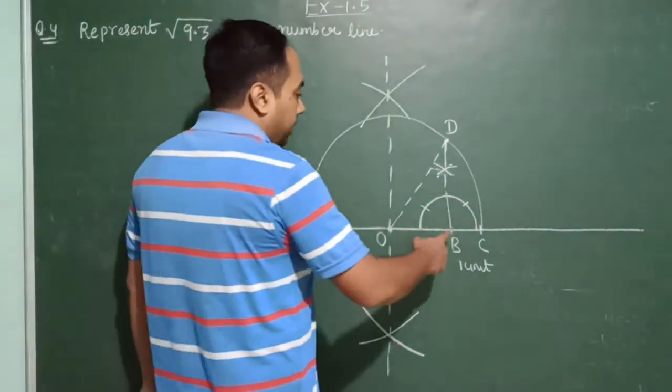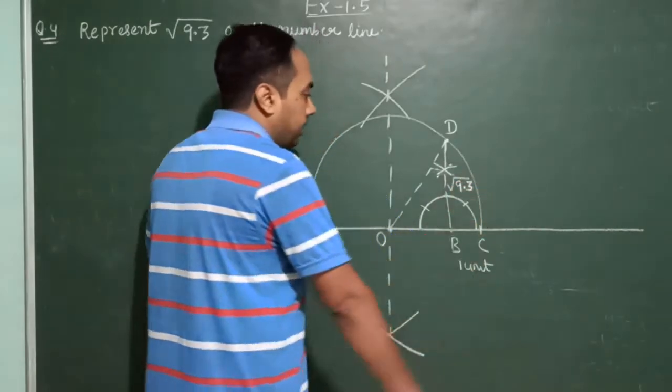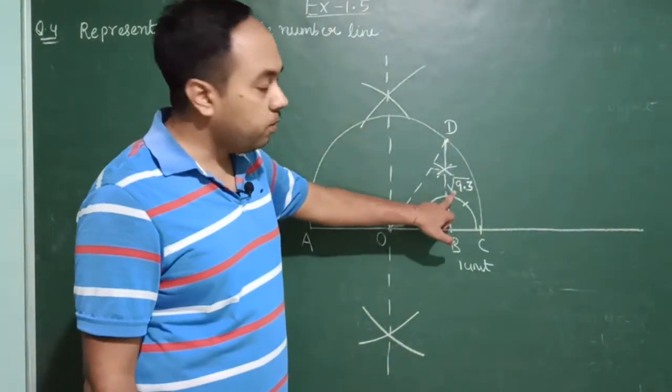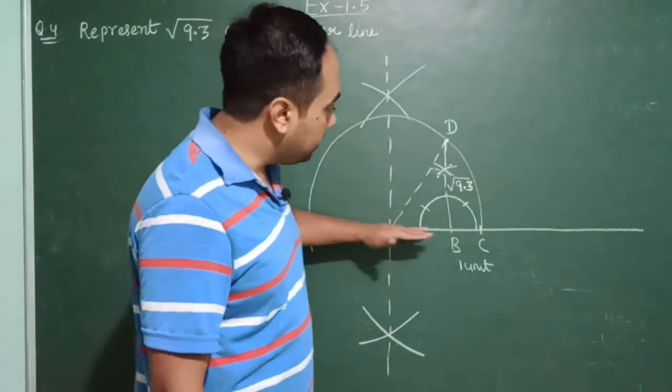Now the length of BD is how much? Under root 9.3. The length of BD is under root 9.3, but we need to represent this under root 9.3 on this line.